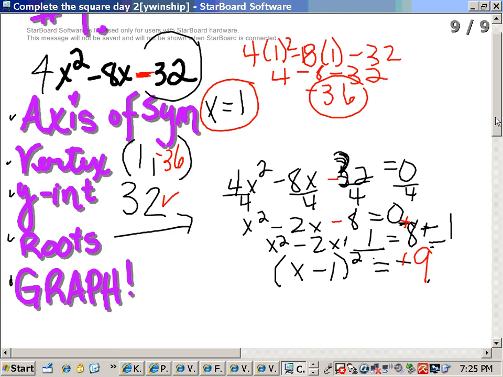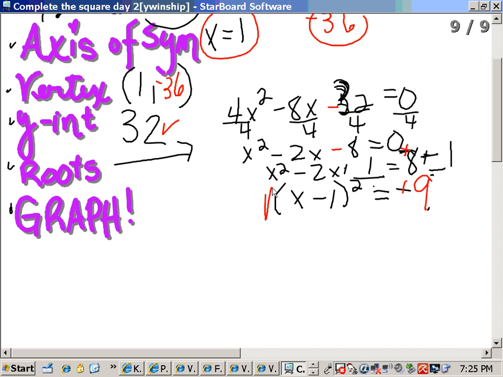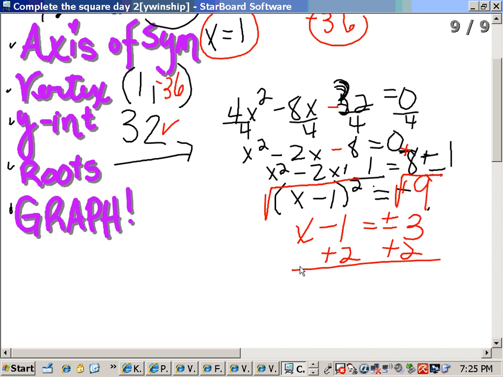Now we're going to take the square root of each side. That gives me x minus 1 equals plus or minus 3, and then add 2 to both sides. X equals positive 3 plus 2 is 5, and negative 3 plus 2 is negative 1. So my roots are 5 and negative 1.